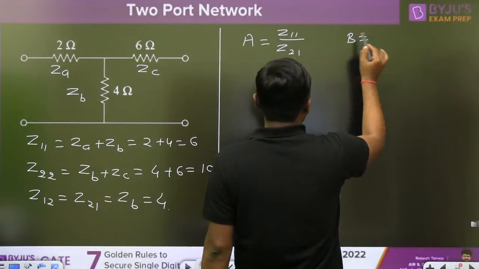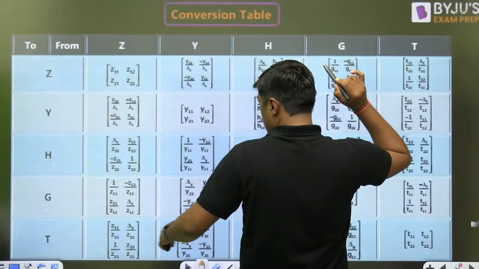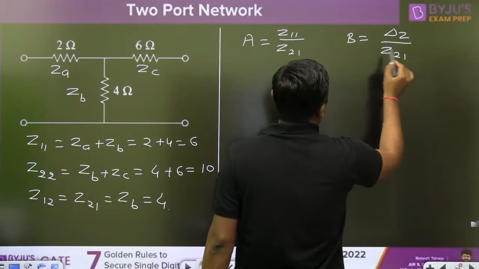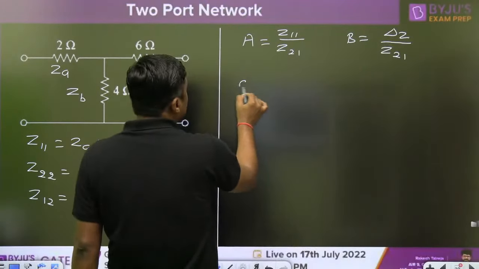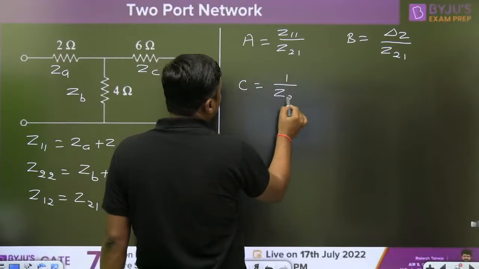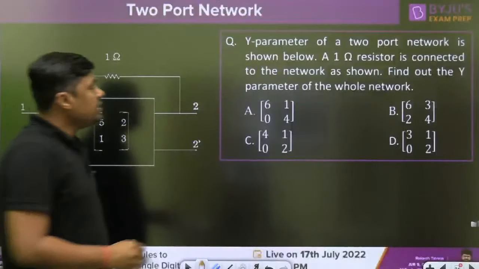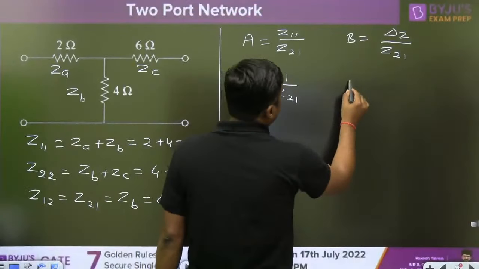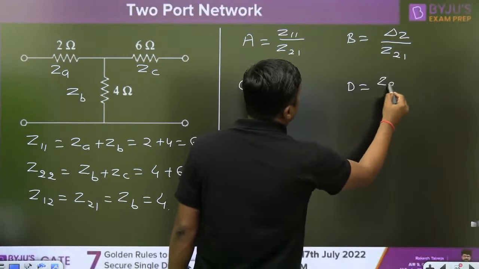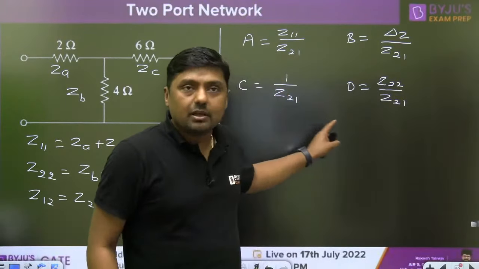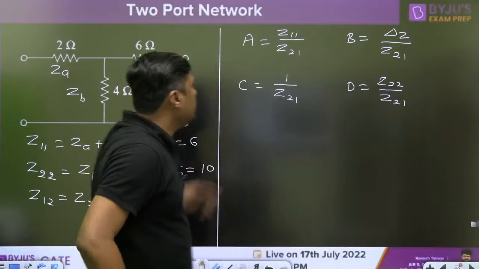What is B? B is the determinant of the Z parameters upon Z21. In the denominator everywhere Z21. C is equal to 1 by Z21. Remember that. And D is equal to Z22 upon Z21.